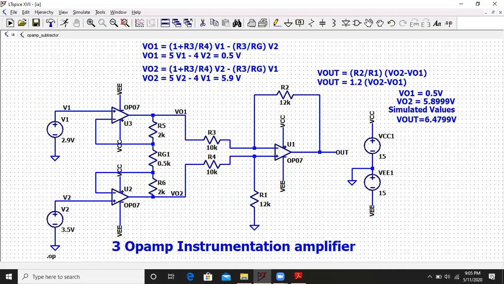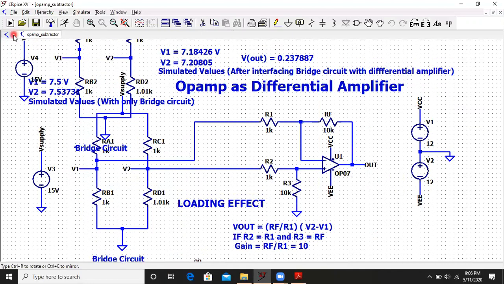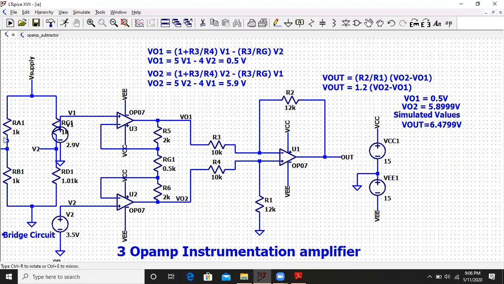So let us do that. So from here we will copy this as it is. So this is our bridge network and we will paste it over here, somewhere over here.